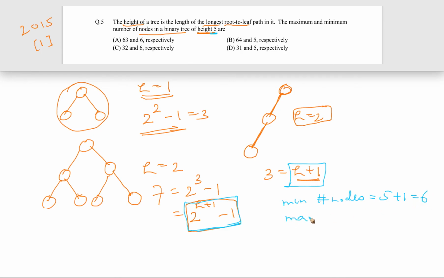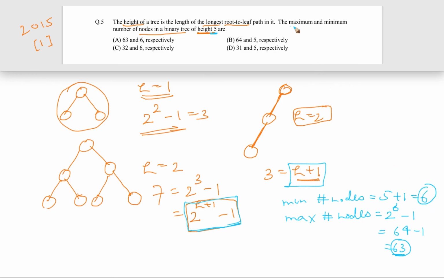And what is going to be the maximum number of nodes? Maximum number of nodes is determined by the formula 2 raised to the power h plus 1 minus 1. Now h is 5 here, so 2 to the power 6 minus 1, which is 64 minus 1, which is 63.